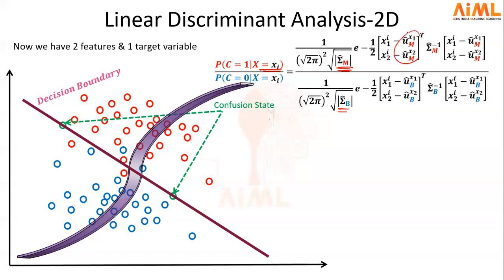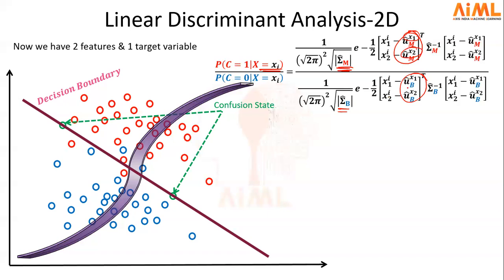And here you can see the two mean vectors. So mu hat x1m is actually computed from all the data points belonging to the malignant category out of our training data, and that too for the feature x1. And this is computed for the feature x2, and they both are means.